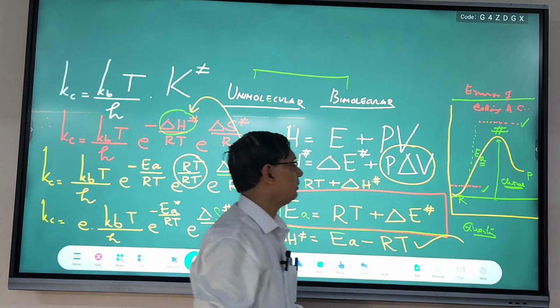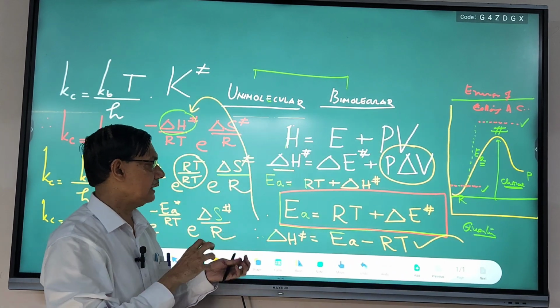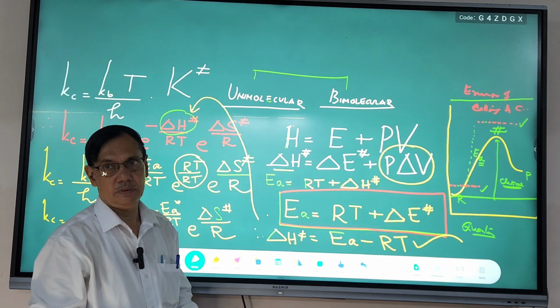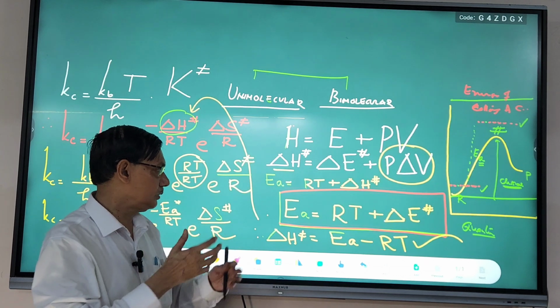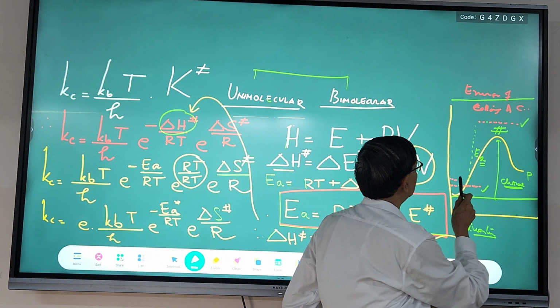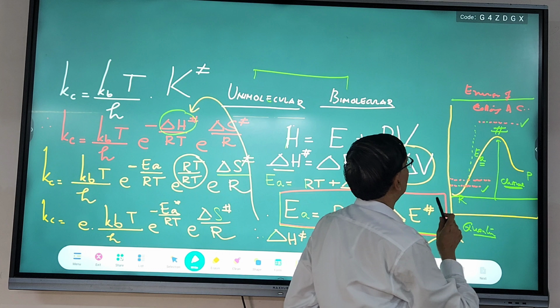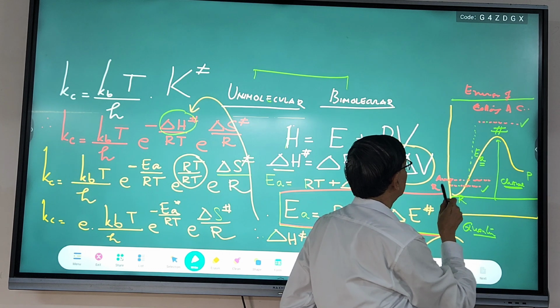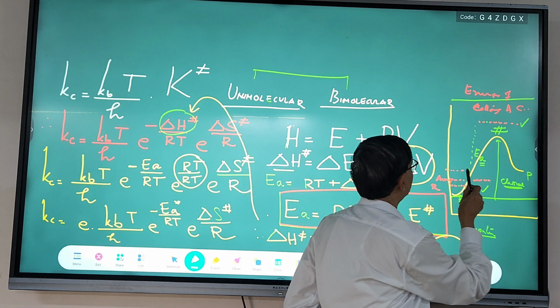But now the question is: what is the difference between this delta E and delta H, and what is the role of the RT? To understand the difference between these two, there are the average energy of the reactant and the average energy of the colliding molecules.